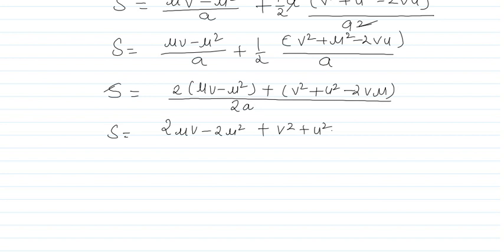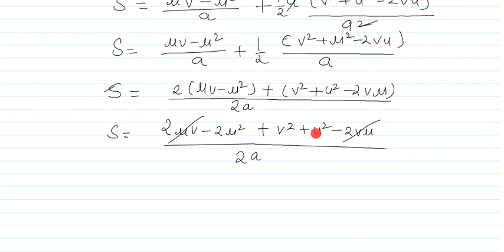Now we can cancel out some terms like 2uv and minus 2uv. This term will cancel out, and next one, minus 2u square plus u square will be minus u square.